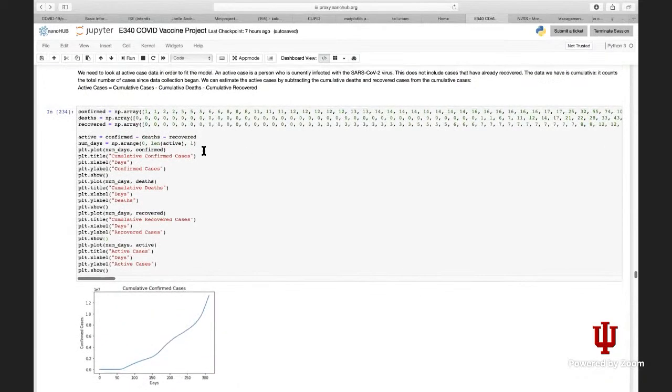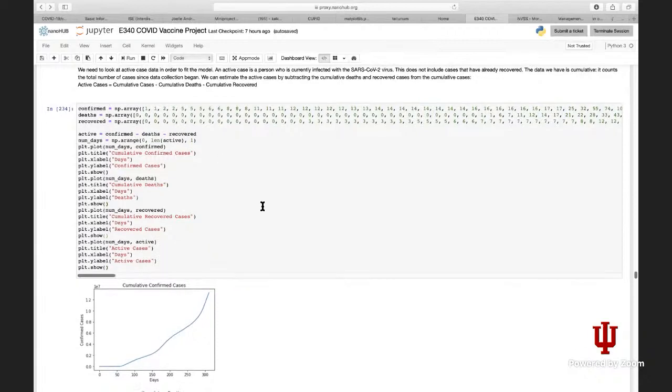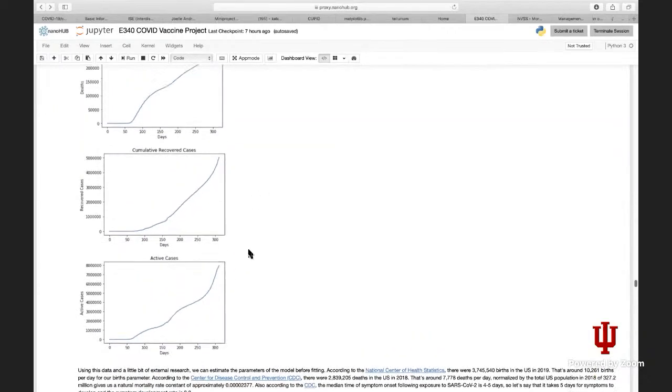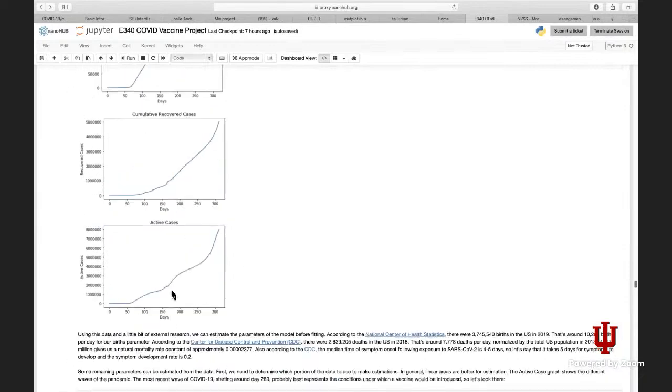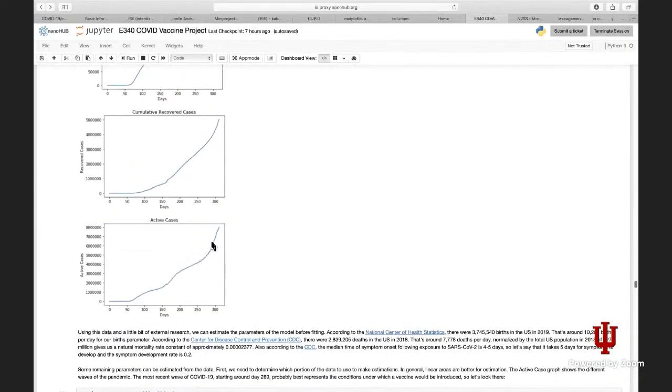I ended up approximating the number of active cases by subtracting the cumulative deaths and recovered cases from the confirmed cases. And interesting that it also has a very similar shape to the confirmed cases. So notice here we don't really have a true downturn in cases, which made fitting this model interesting.